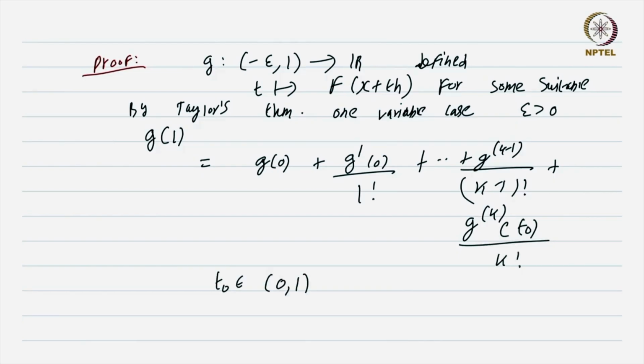This is just the classical Taylor's theorem. Now the result is exactly done. The previous lemma finishes the proof. I'm not going to elaborate anymore. It's rather easy. Previous lemma finishes the proof.